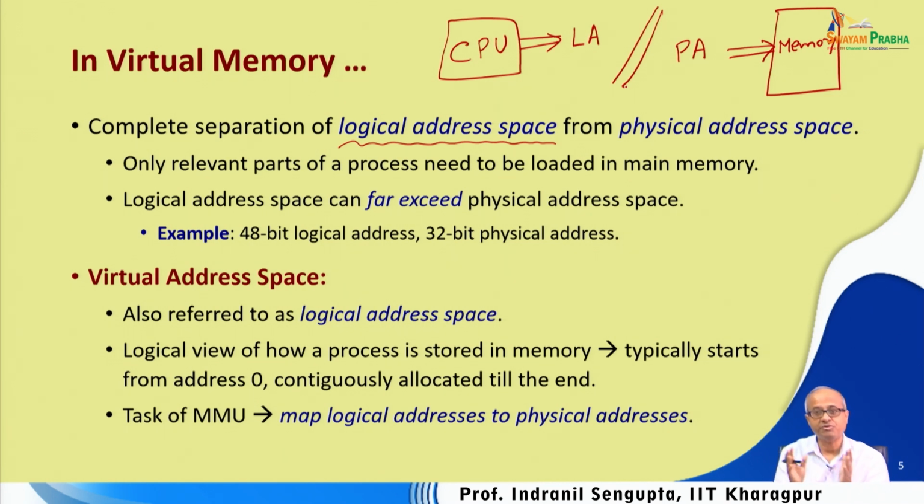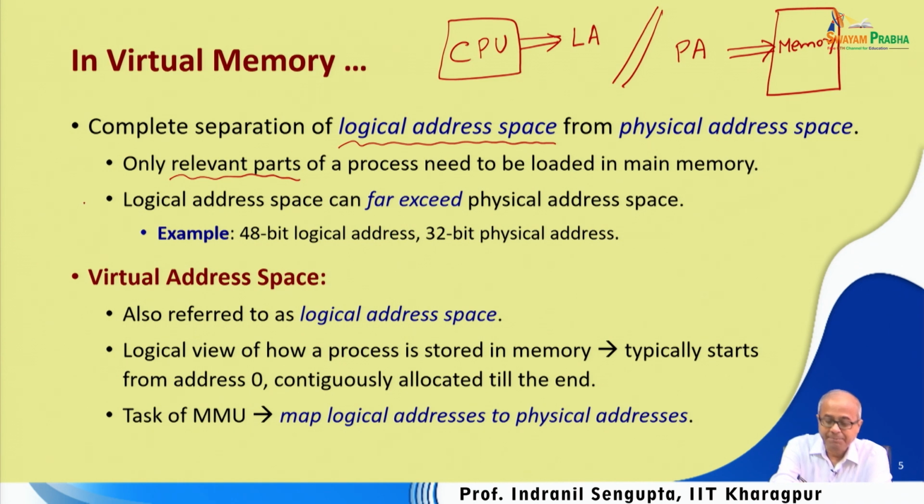Here we are relaxing that restriction. So, there is a complete separation between the logical and the physical address spaces. As I said, only the relevant parts of a process need to be loaded in main memory when we execute.